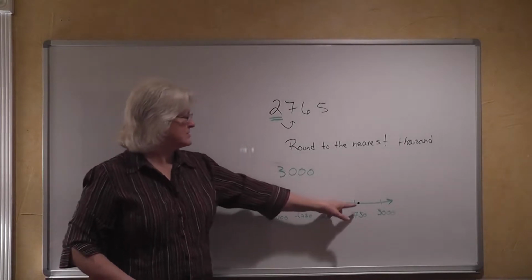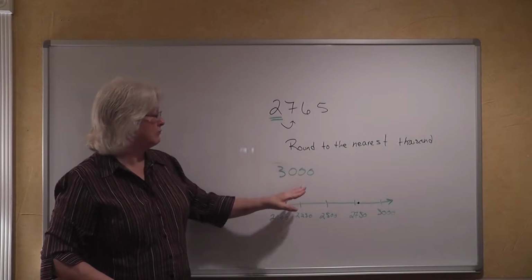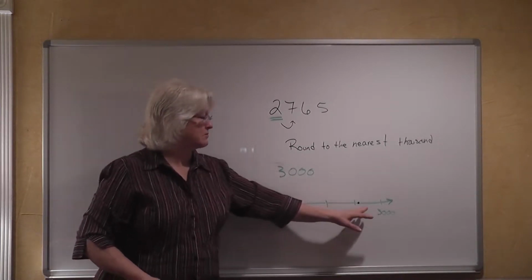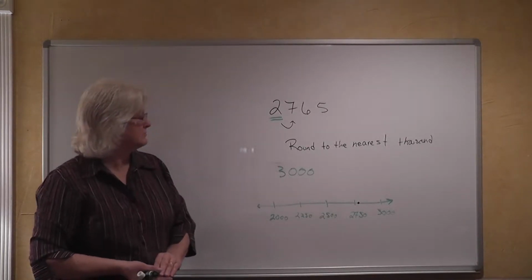So, we've just seen 2,765 rounded to the nearest 1,000 is 3,000 because it's much closer to 3,000.